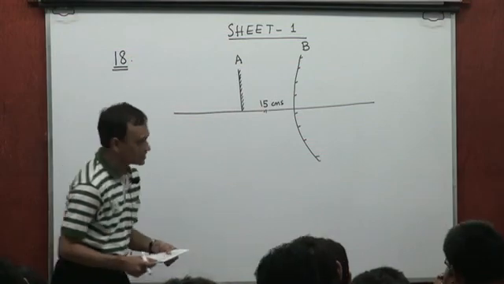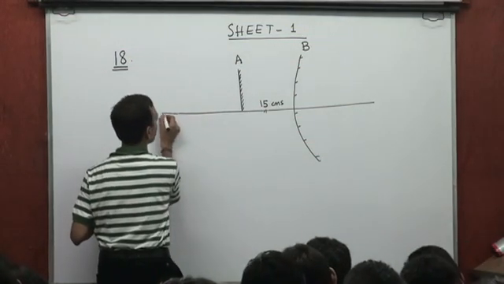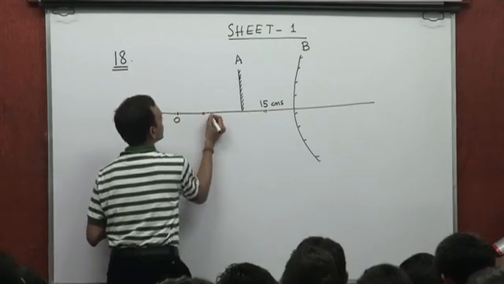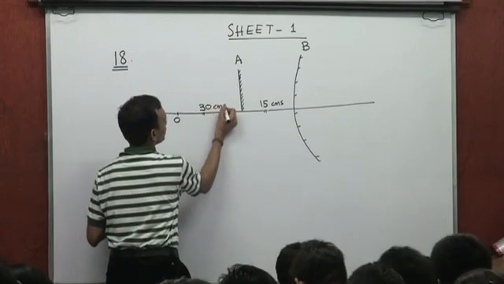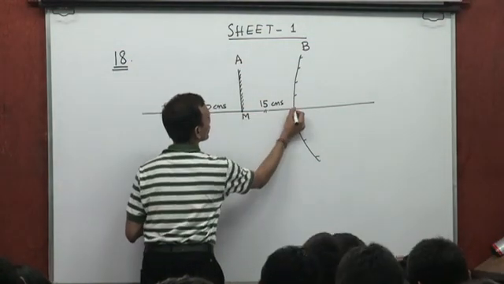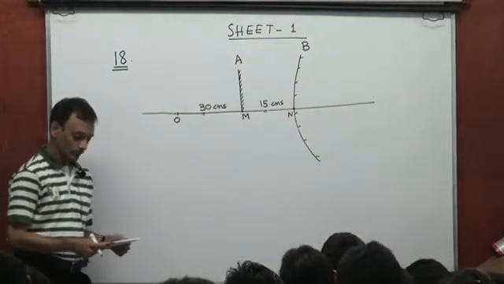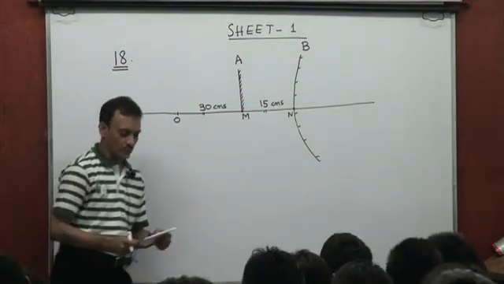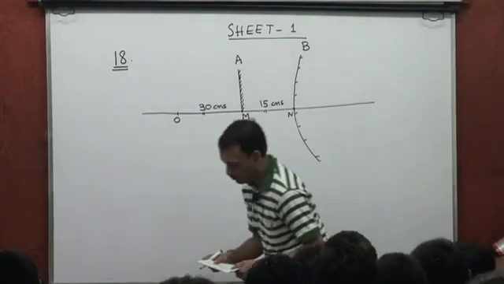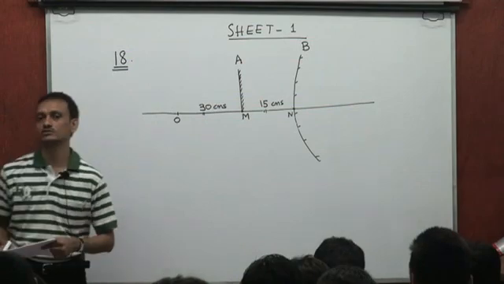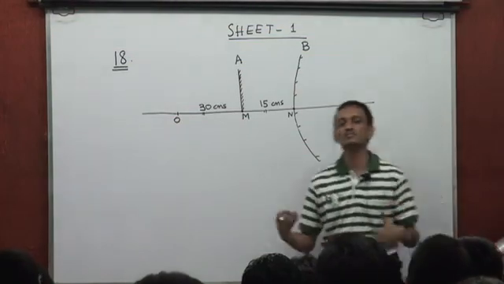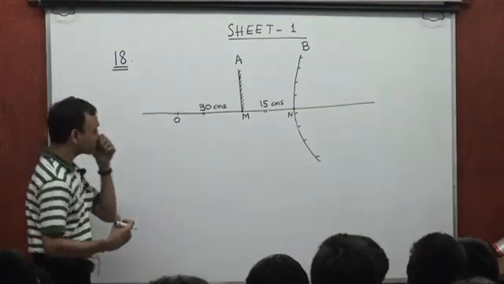An object O is placed 30 centimeters from A, and the two virtual images formed by reflection in A and B coincide without parallax. Find the radius of curvature of B. Effectively the focal length, and then multiply by 2 to arrive at the radius of curvature.